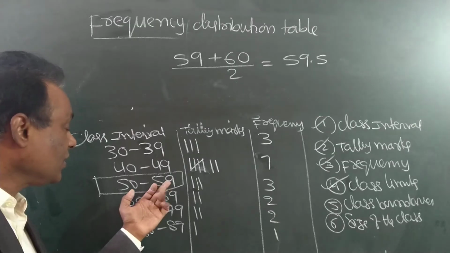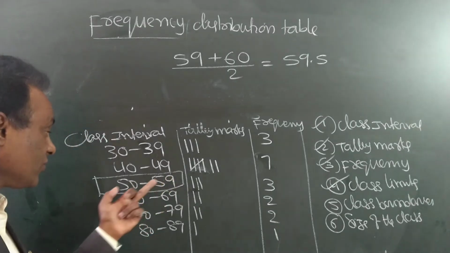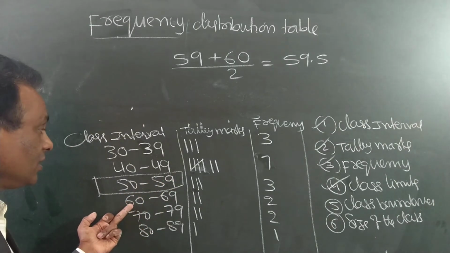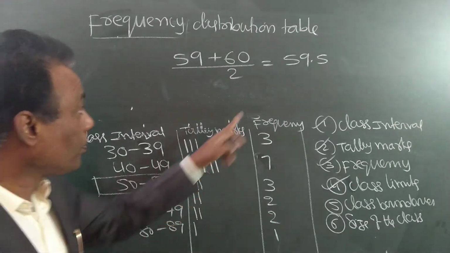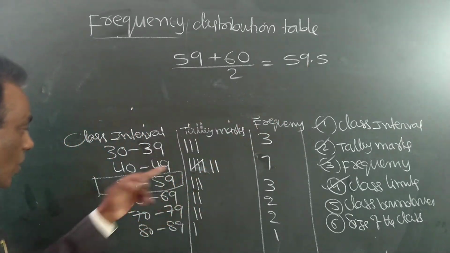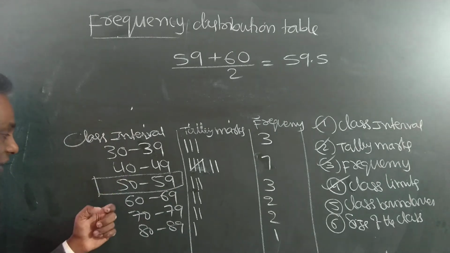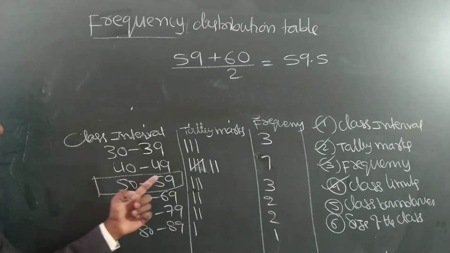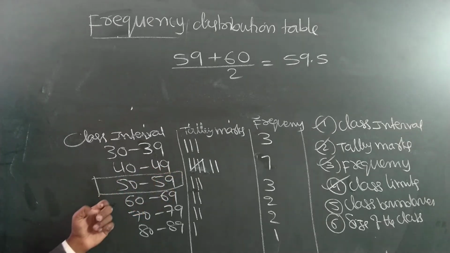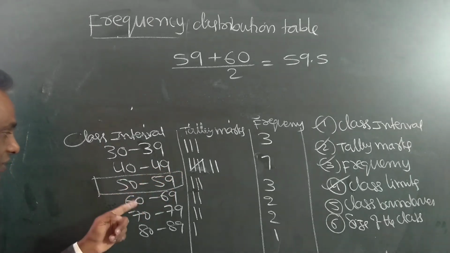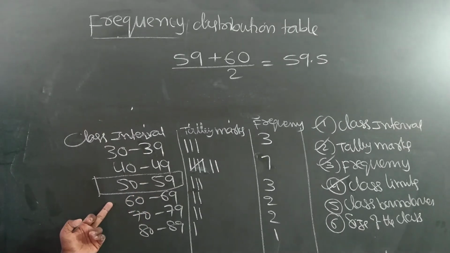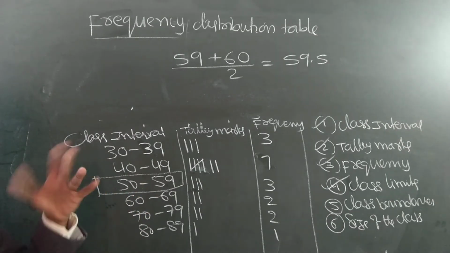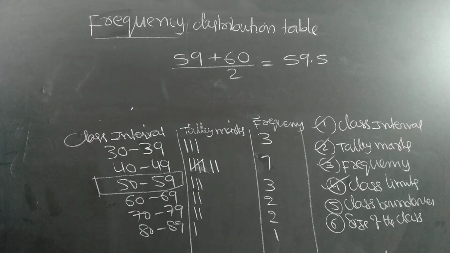The upper boundary is the upper limit of a class plus the lower limit of the next class by 2, that is 59.5. This upper boundary becomes the lower boundary for the next class. What is the lower boundary for this class? Upper boundary 59.5 is the lower boundary for this. That is the difference between boundaries and limits.